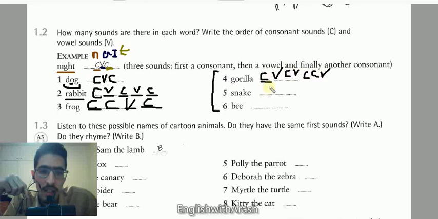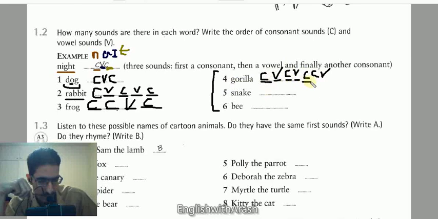Okay, so you have a little schwa here. You don't have another C. And CCVC.